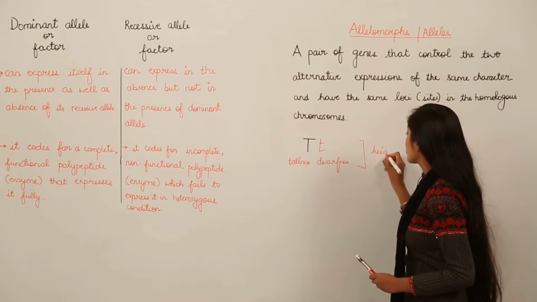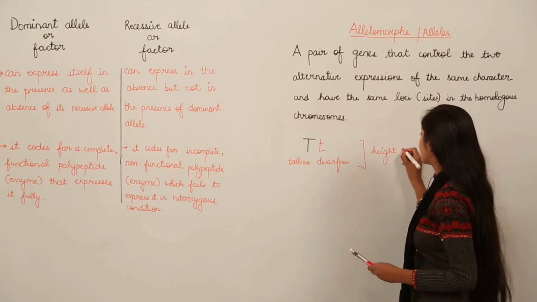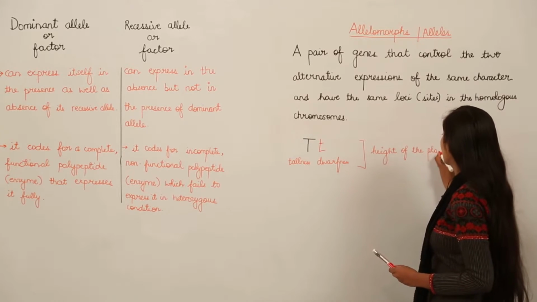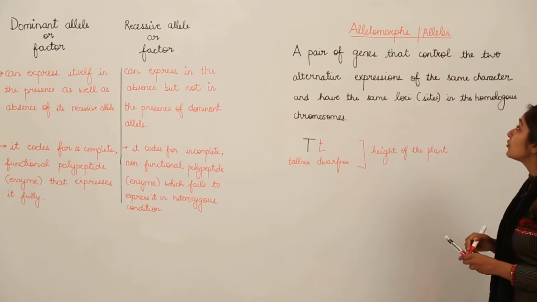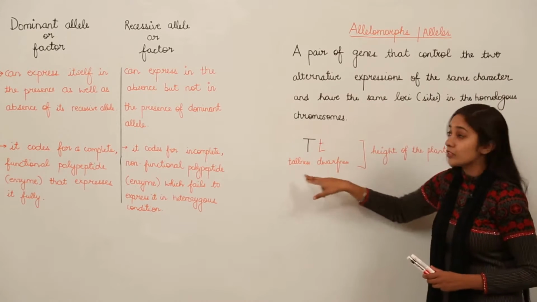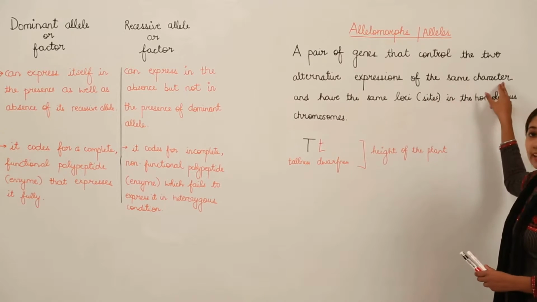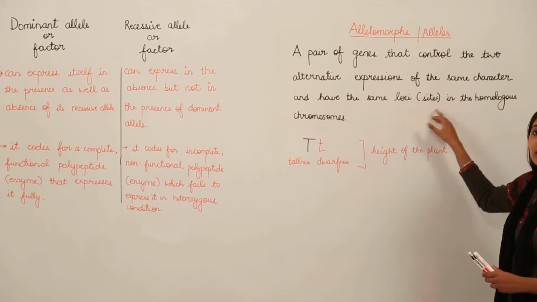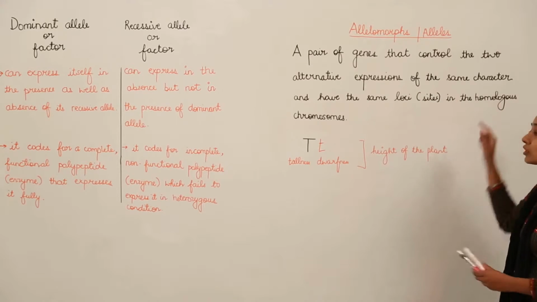Okay. So they are alleles, height of the plant. So the pair of genes that control the two alternative expressions like tallness and dwarfness of the same character, that is height of the plant, and have the same loci or sites in the homologous chromosomes.